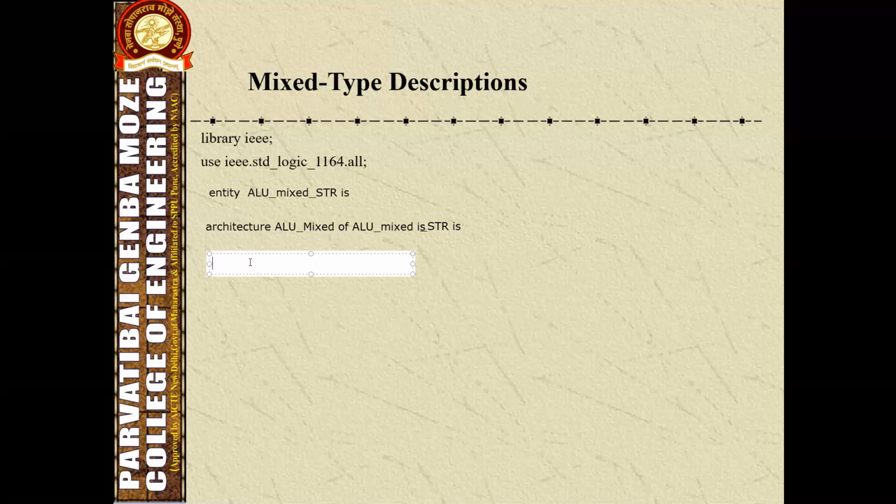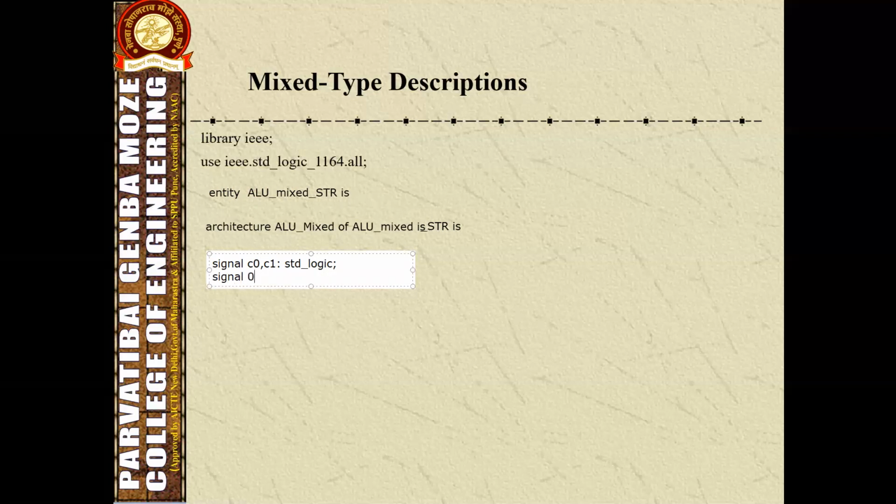Now let us begin with the signals we are going to use here. Signal E0, comma C1, S3, std_logic. These are the signals we are going to use here.